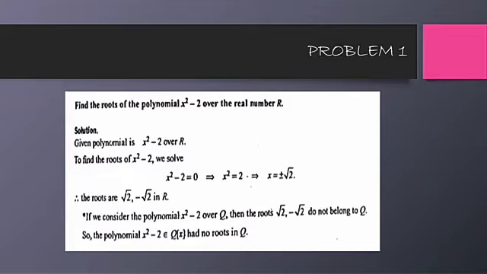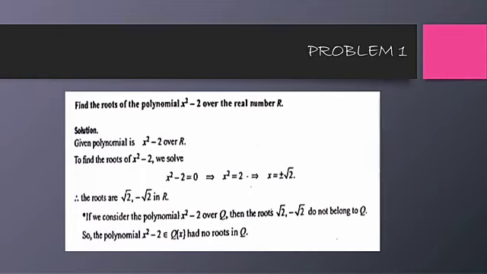Right. So the extension of this problem: here it is asked over R, and suppose they ask you over Q, what are the roots again? There won't be any change in the roots, but I have to check whether these roots belong to Q. What is Q? Q is the rational numbers. So I already told you this belongs to the reals, so this will not belong to Q. Therefore, over Q there are no roots of this polynomial.